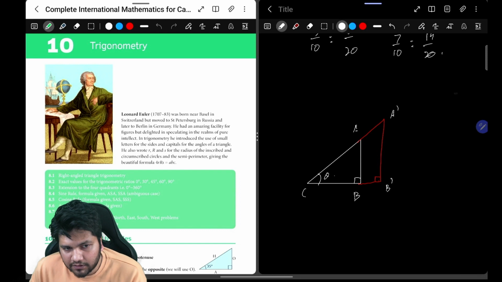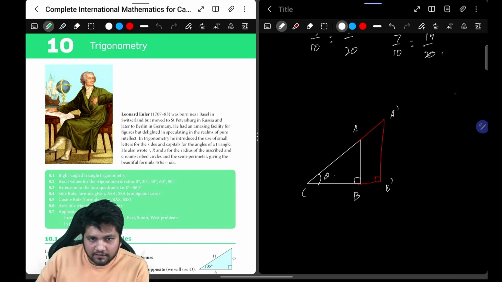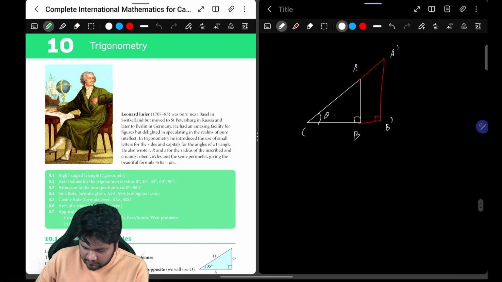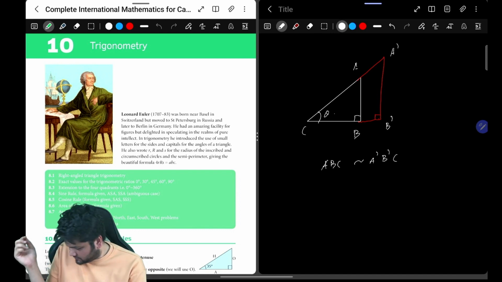Now my question to you is, one second. Okay, Raj, tell me, are there any triangles which are similar here? A, B, C and A dash, B dash, C, they are similar, correct?